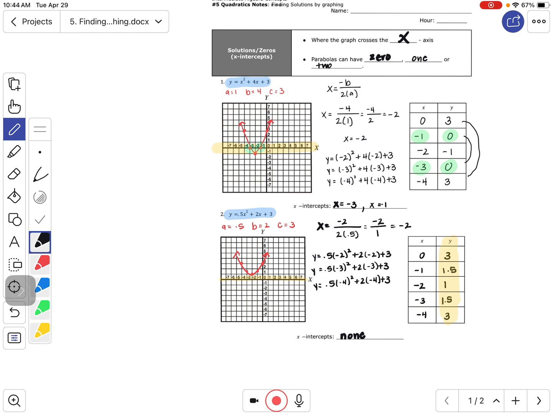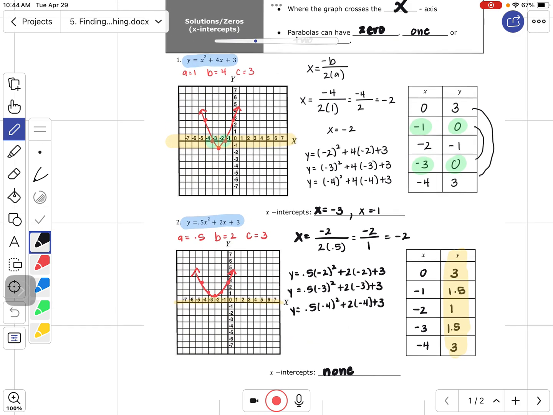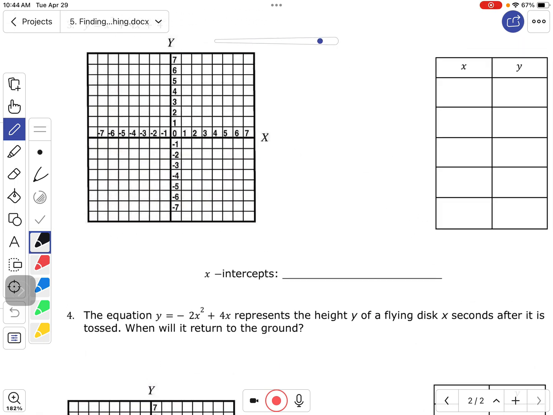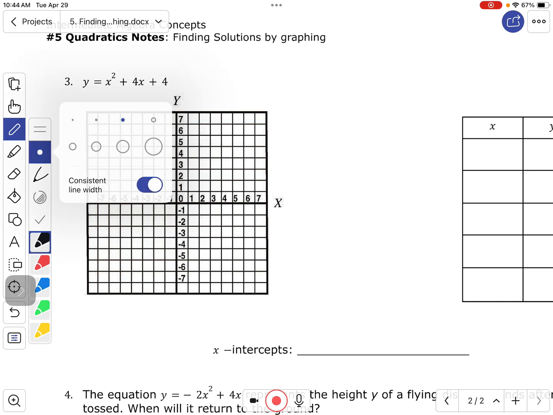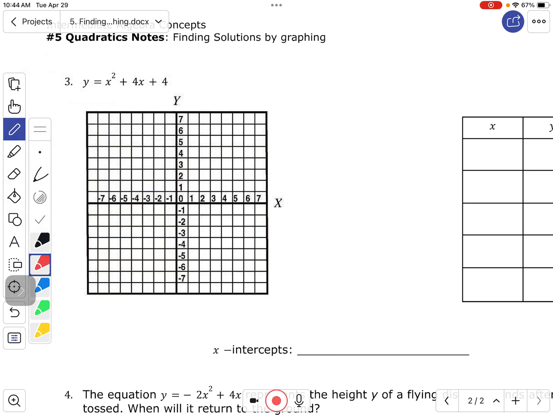Okay, let's try number 3. We always start the same, where I say x equals opposite b divided by 2 times a. And I'm going to say my a, b's, and c's. So my a is 1, my b is -4, and my c is 4. Oh, sorry, it's a +4. This should be a +4.